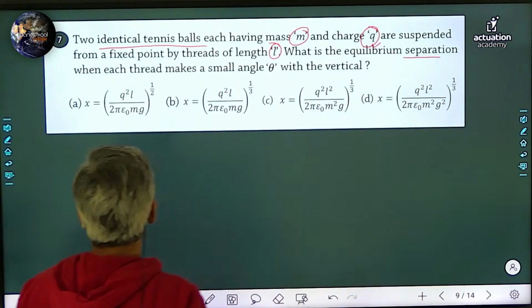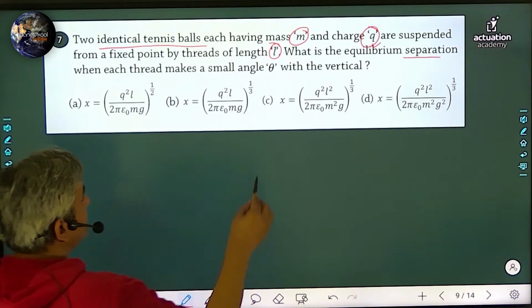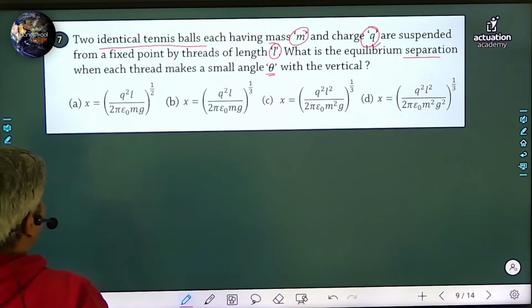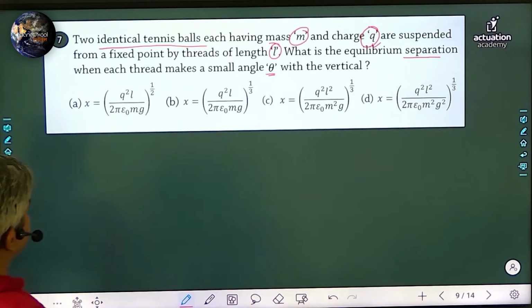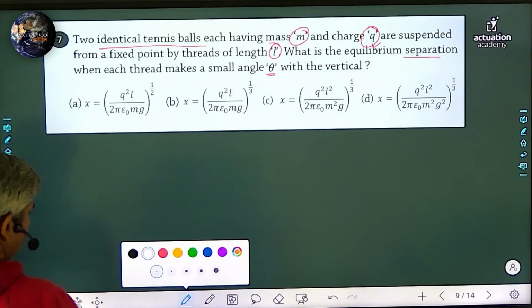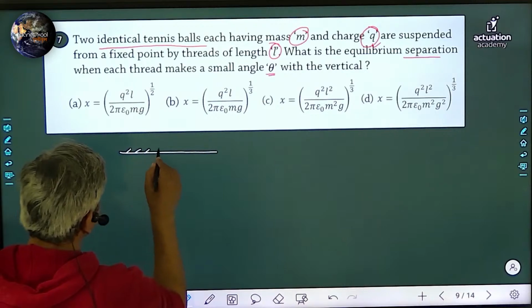When each thread makes a small angle theta with the vertical, we need to find out x. Because there is nothing mentioned about theta here, let me first make the diagram.